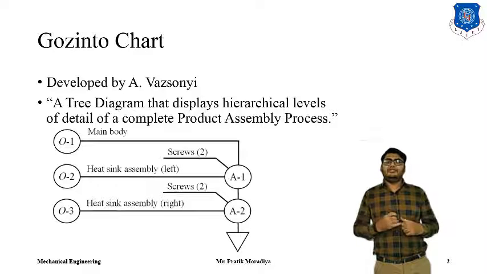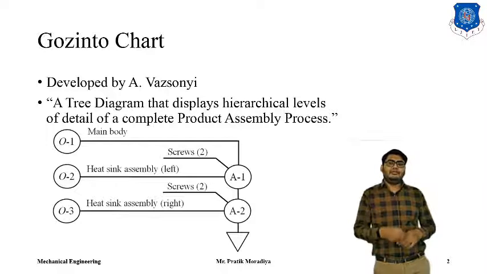For example, here is a simple Goes Into Chart in which there are different parts given. So this O1, O2, O3, those are parts. These A1 and A2 are sub-assemblies, and then there will be a final assembly.